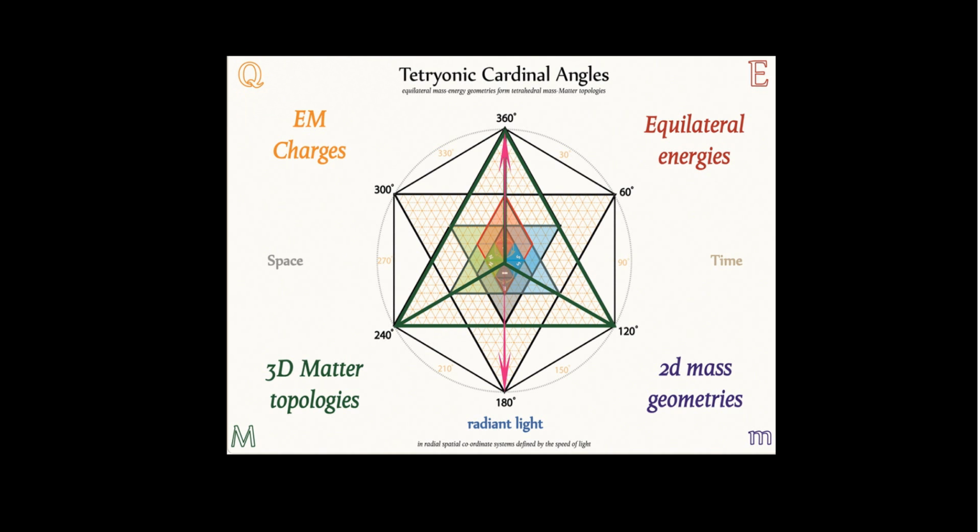They create a closed topology, a closed volume, that excludes all mass energies from within it. Any mass energy that was in it upon creation would try to radiate, would hit the sides of it, and would be absorbed and then either re-emitted or add to the energies of the particle itself. But within the tetryons of every particle, there is nothing. There's not even vacuum energies or anything like that.